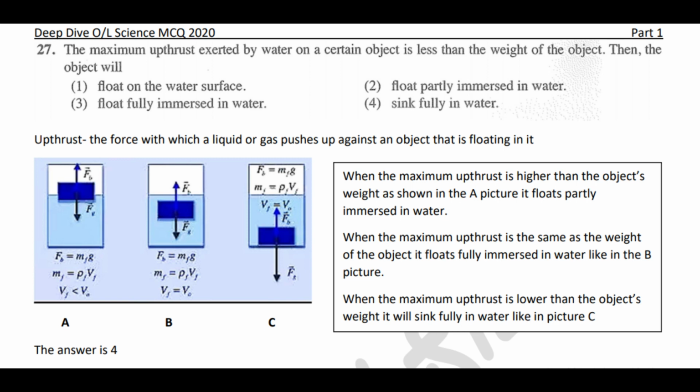When the maximum upthrust is the same as the weight of the object, it floats fully immersed in water like in picture B. When the maximum upthrust is lower than the object's weight, as stated in the question, it will sink fully in water like in picture C. So the answer is going to be answer 4, sink fully in water.